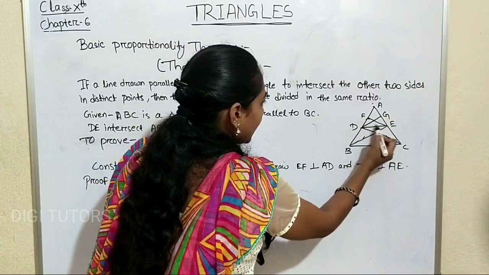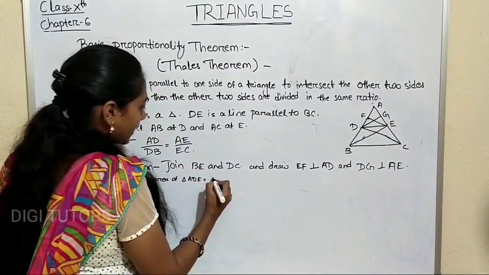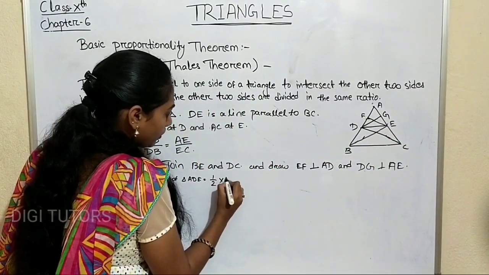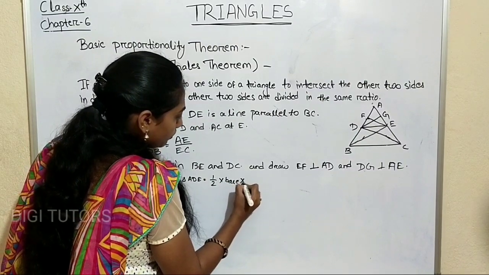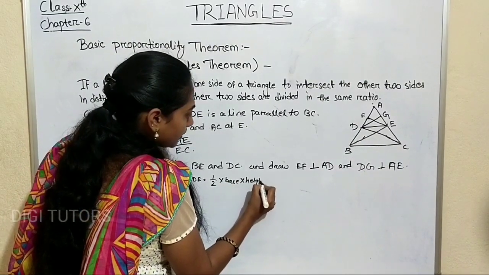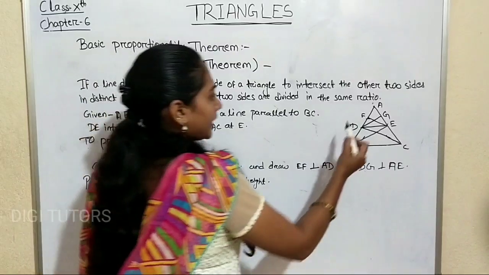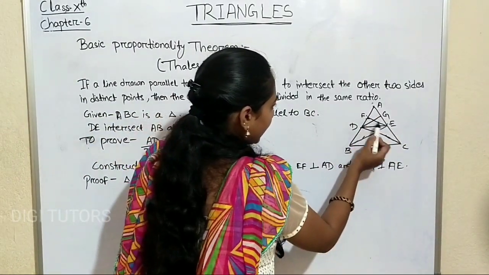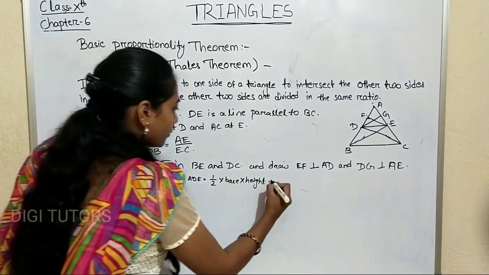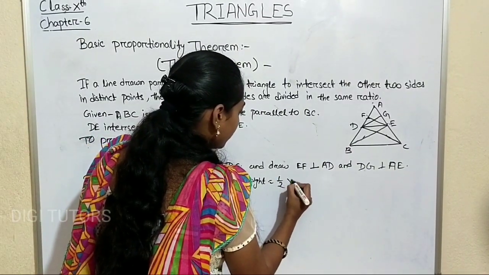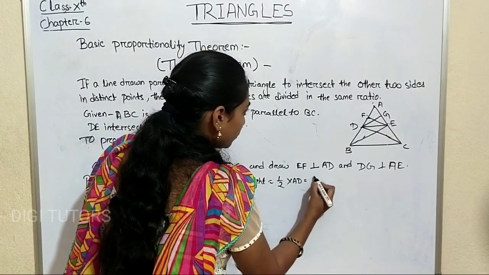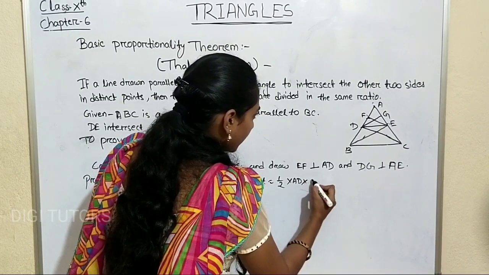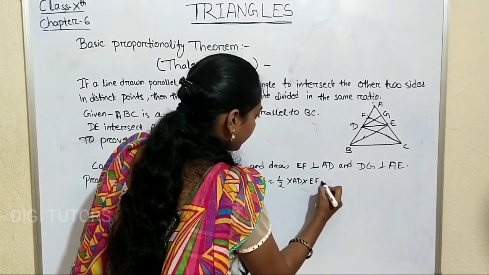We know area equals half into base into height. So in triangle ADE, AD is the base and FE is the height. So this is half into AD into EF.